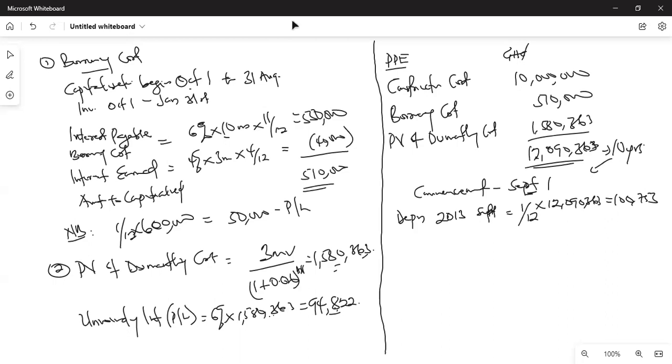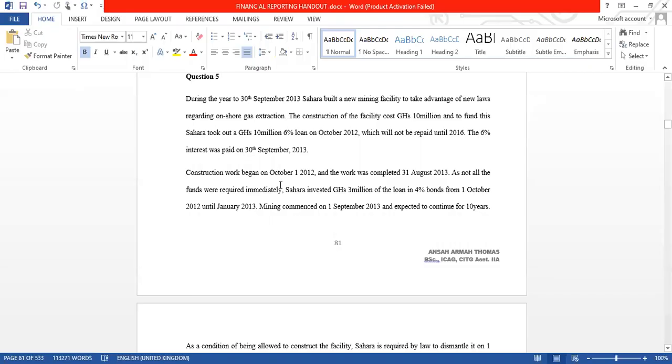So you could see the timing of the commencement of the asset. Let me pull it up so that you can see what we are talking about. The question tells us that construction began on 1st October and ended here. When it ended is the time they started using the asset.